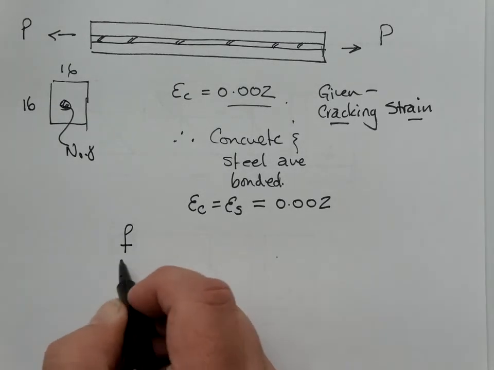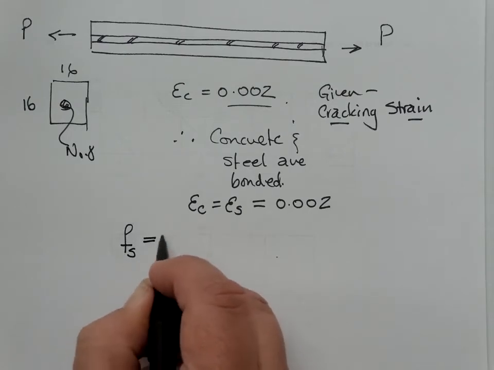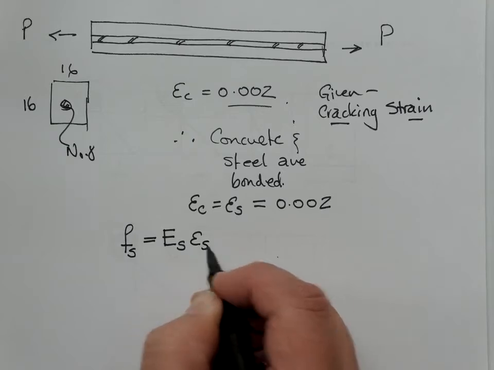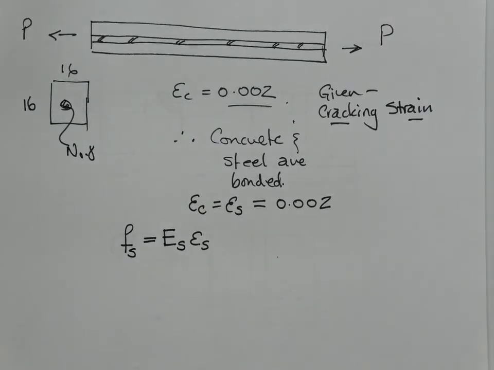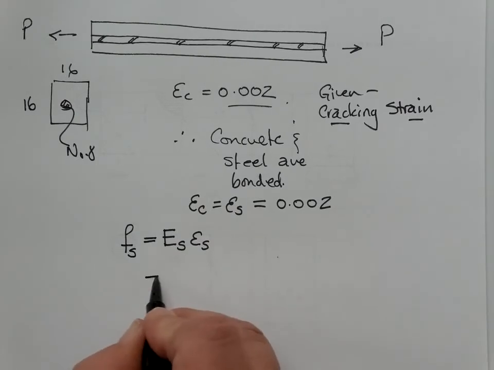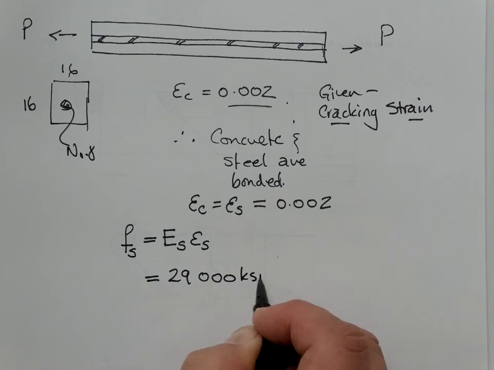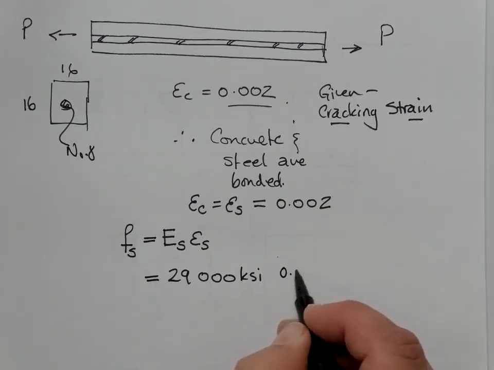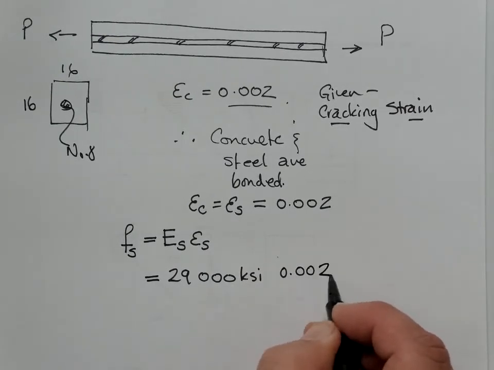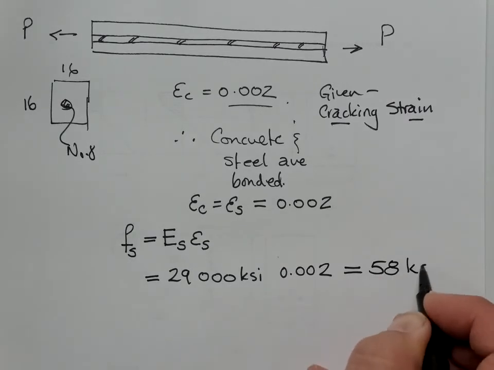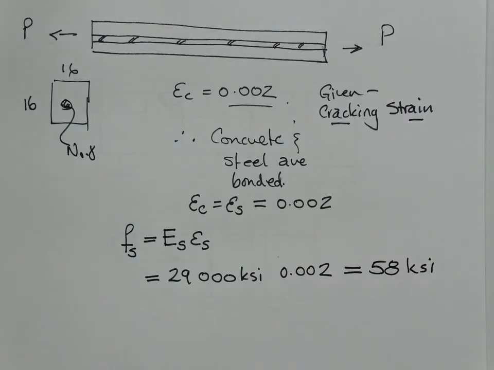The stress in the steel is equal to the modulus of elasticity of the steel multiplied by the strain in the steel, right? So the stress in the steel is equal to 29,000 kips per square inch multiplied by 0.002, and that is 58 kips per square inch.